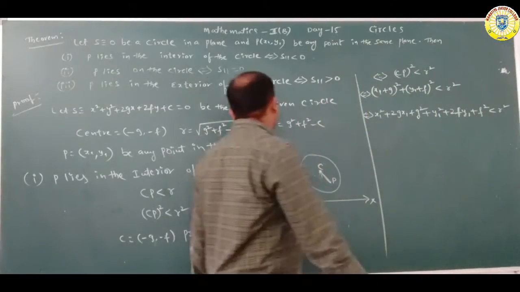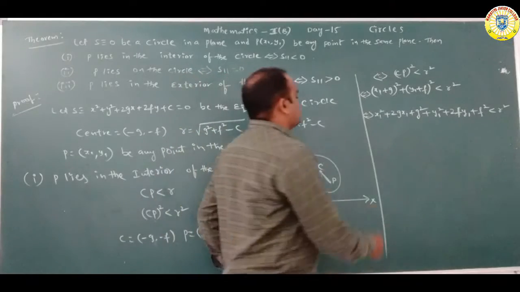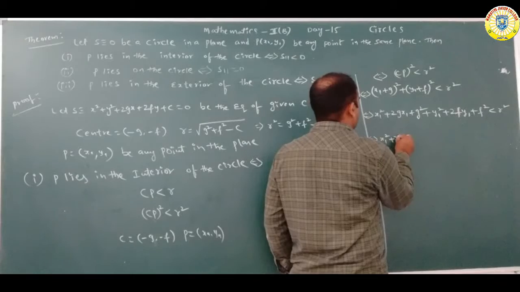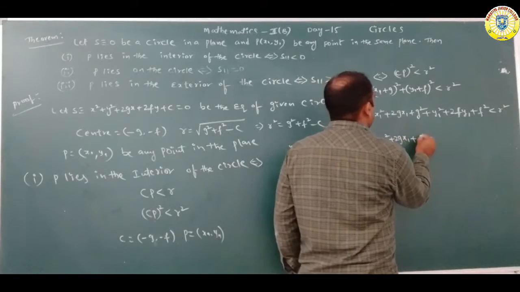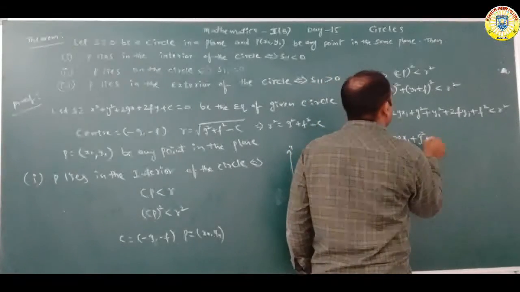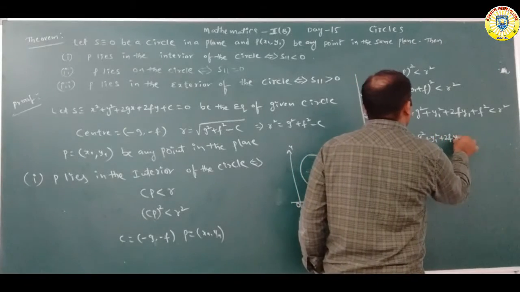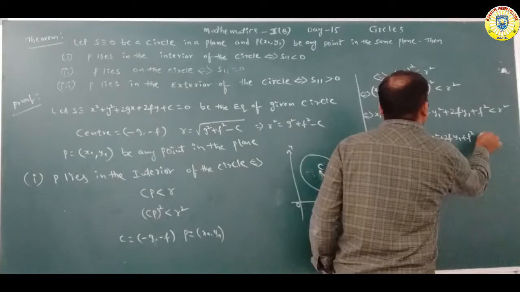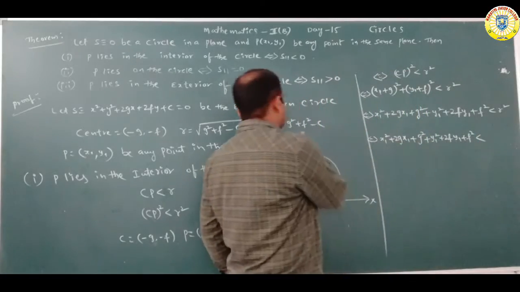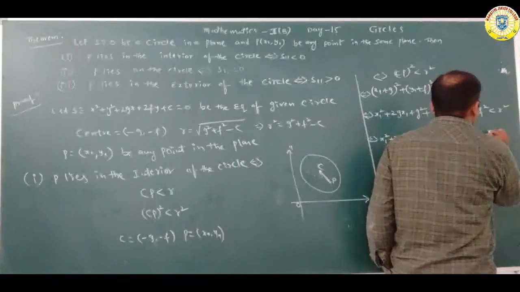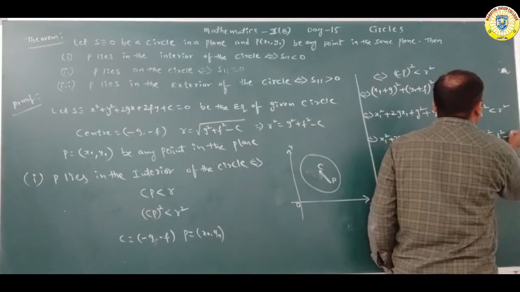What is the R square value? g square plus f square minus c.